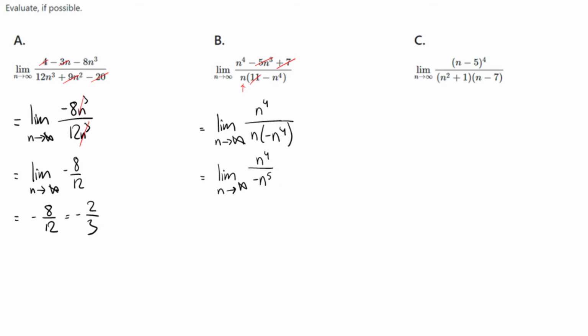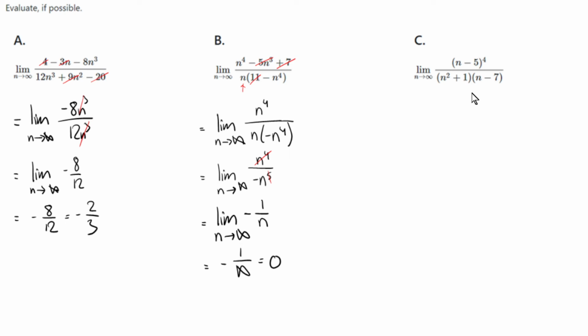So at this point, the n to the power of 4 cancels against 4 of the n's in the denominator, which leaves us with the limit as n tends to infinity of negative 1 over n. Now, we can substitute in the infinity, so we're going to get negative 1 over infinity, and this goes to 0, so the limit is 0.